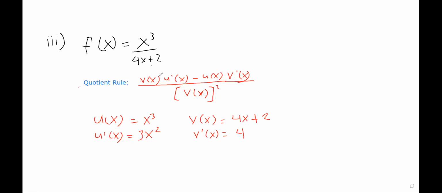So we say, all right, since we have all our values, we just need to substitute and arrive at our answer. So we have our f prime of x. What we say our v is? Our v is equal to 4x plus 2.